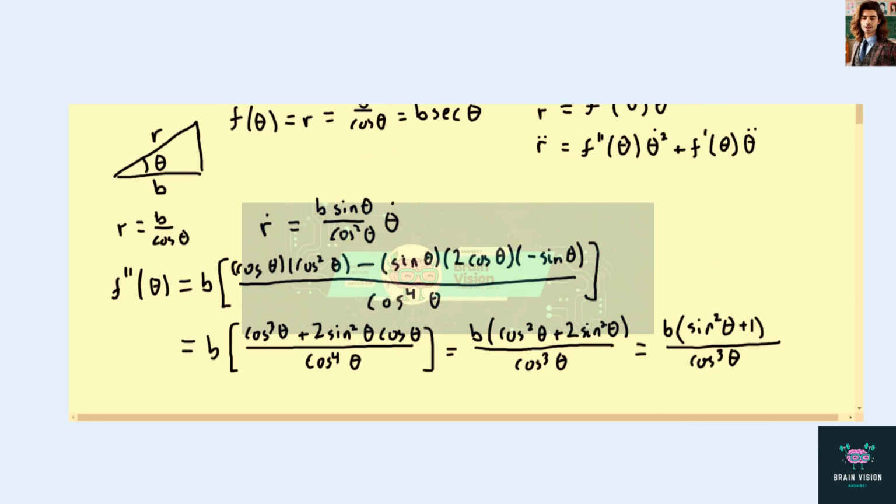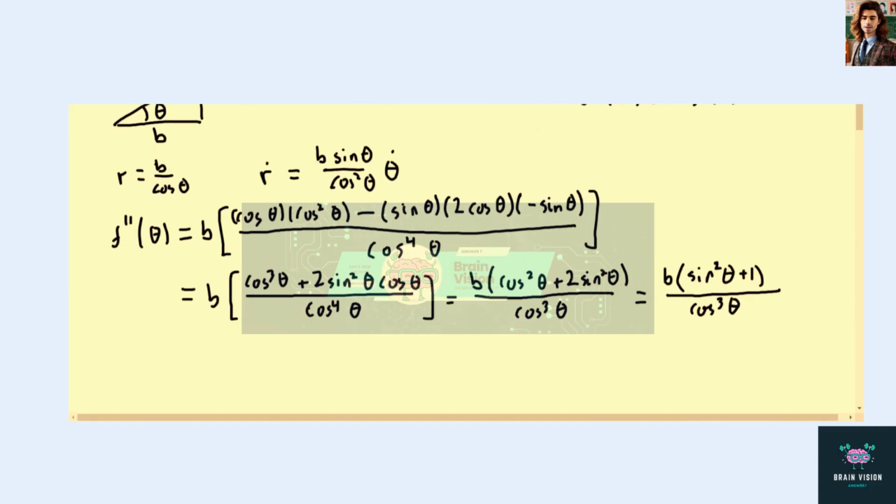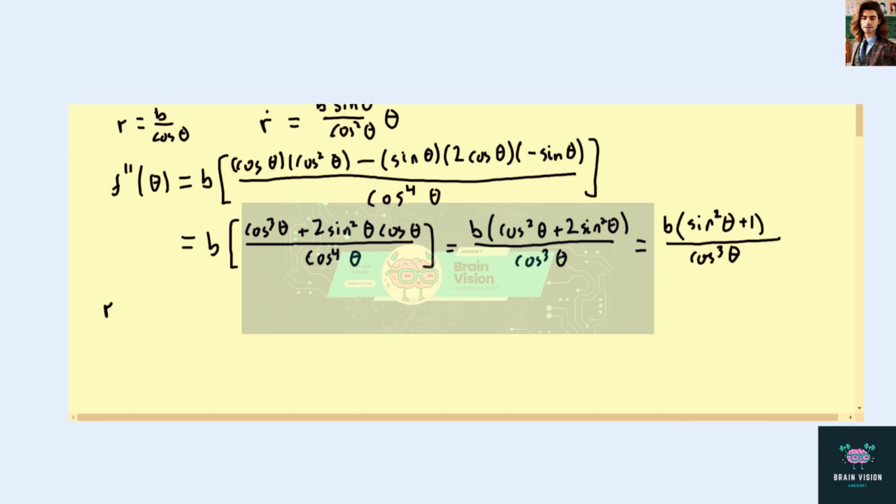Okay, now we can get that r double dot, since we've calculated the most complicated part of that expression. So r double dot is, again, equal to f second derivative theta times theta dot squared plus first derivative f and theta double dot.